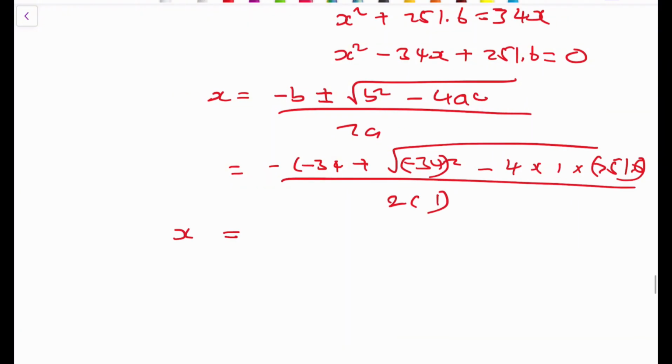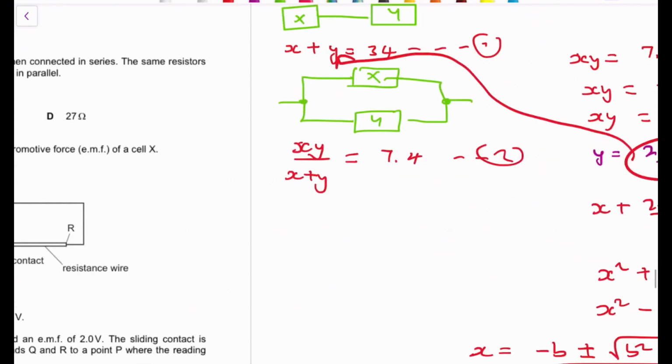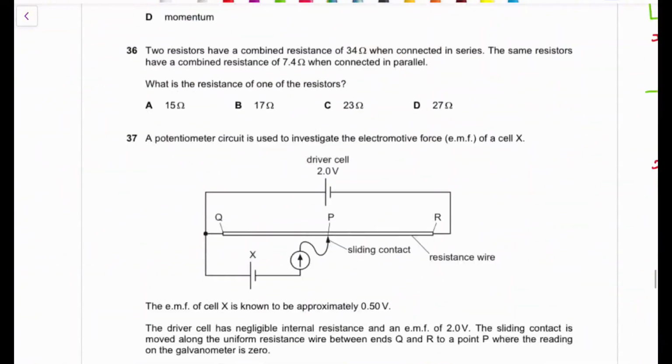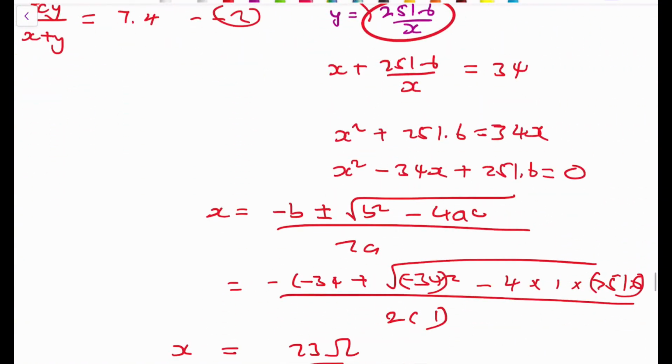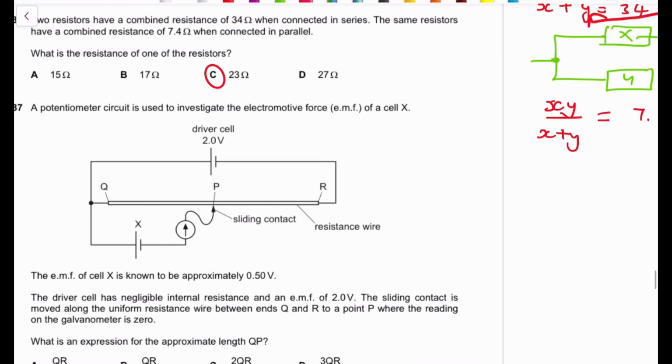That's going to give me a value of X of about 23 ohms. If one is 23, the other has to be 11, because X plus Y has to be equal to 34. So a bit complicated, but we just had to manipulate our variables, get a quadratic equation, and solve it out. Very important.